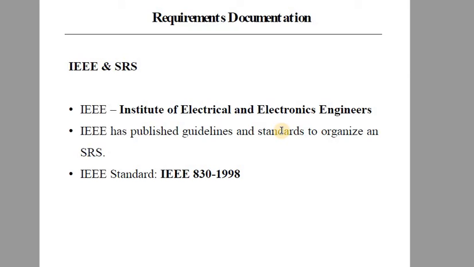IEEE is a standard committee having many experts in the area of computer science and technology. So they have published unique guidelines and standards to organize an SRS. They have framed a standard form, a standard template for SRS.